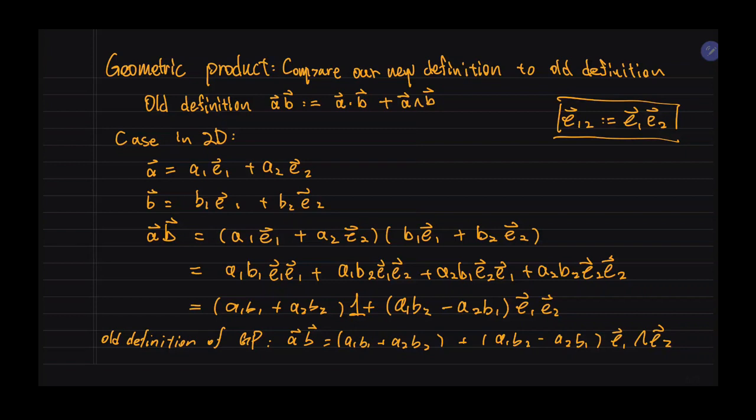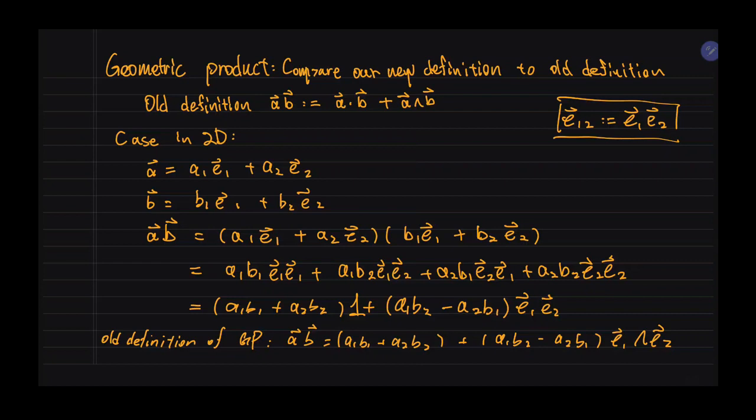But remember from the last slide that if those vectors are orthogonal, then the geometric product and the wedge product behave exactly the same. So our new definition is actually aligned with our old definition.